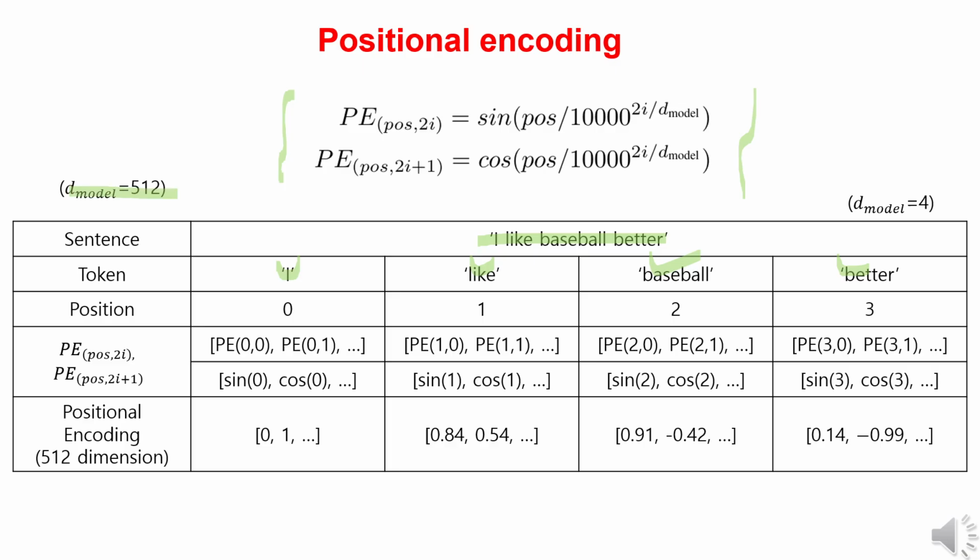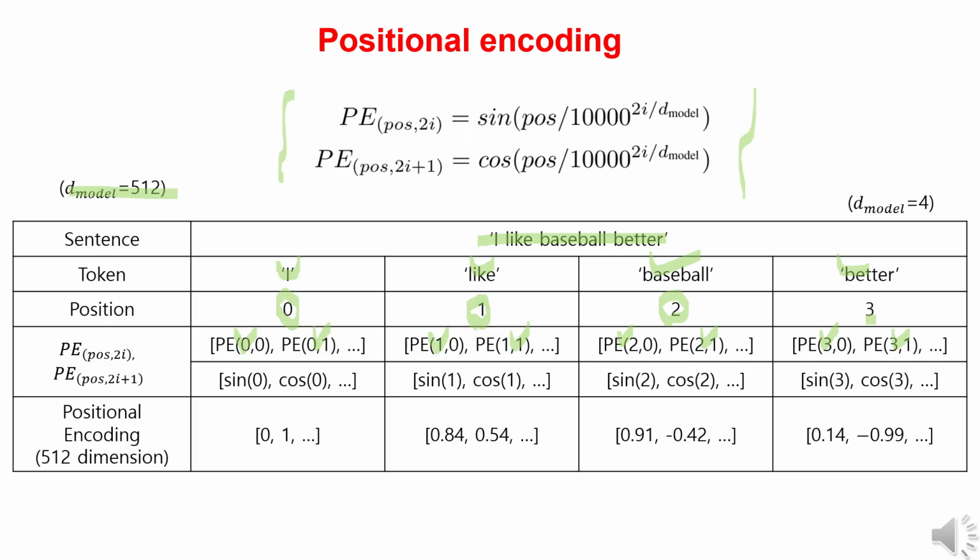To make the calculation easier to understand, we'll focus only on the first 2 dimensions, dimension 0 and dimension 1. Each token is assigned a position based on its order in the sentence: positions 0, 1, 2, and 3.